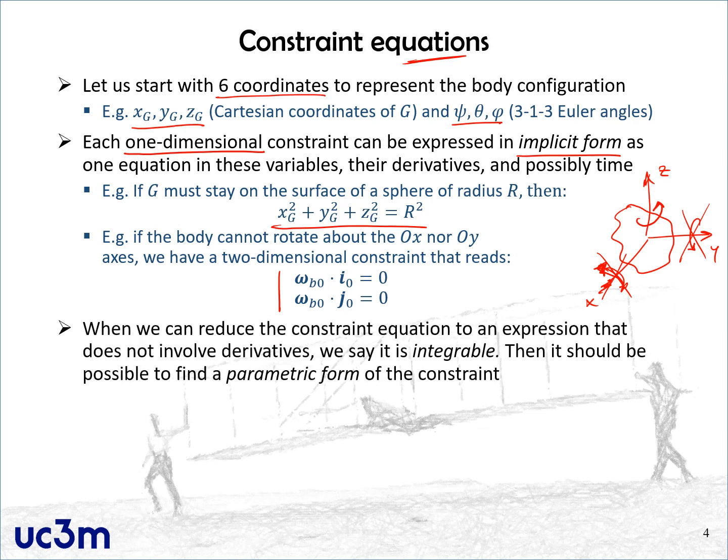We know that if we can reduce the equation of the constraint to the form that I wrote before, a function of the coordinates only, we can call it an integrable constraint. And these are the easy ones.